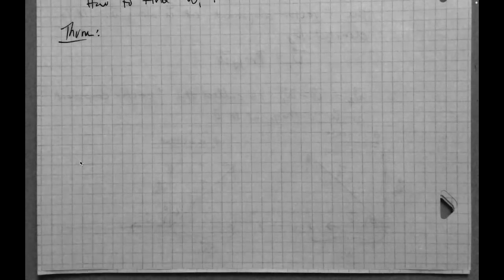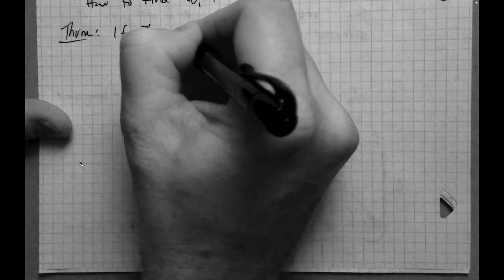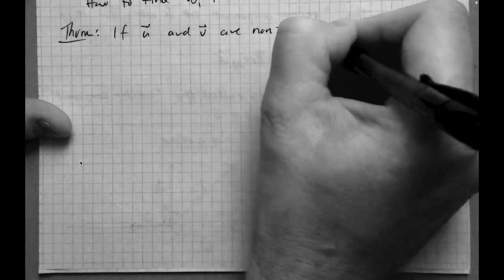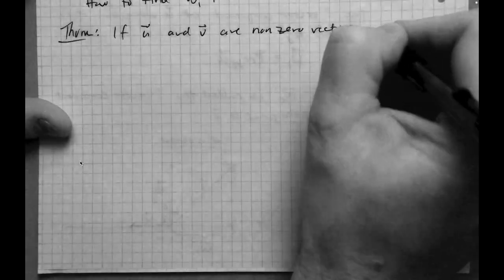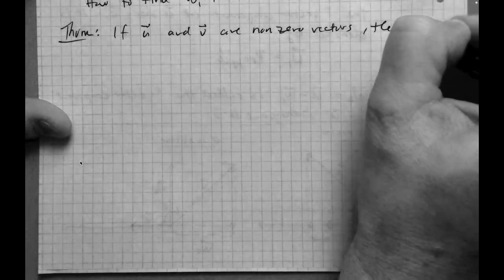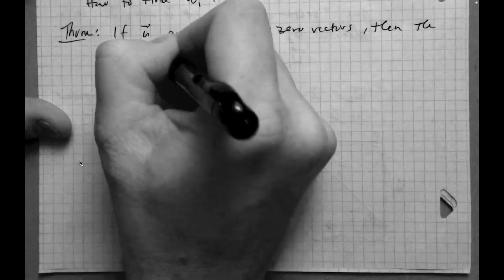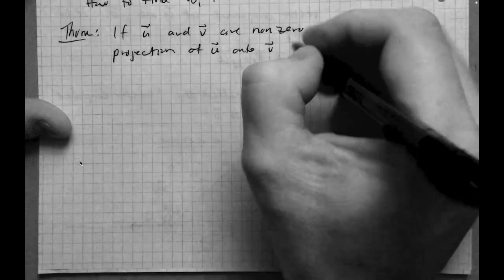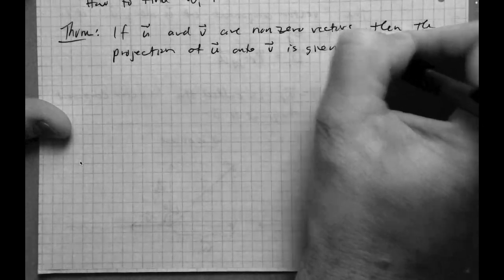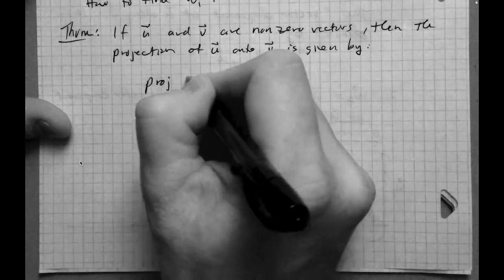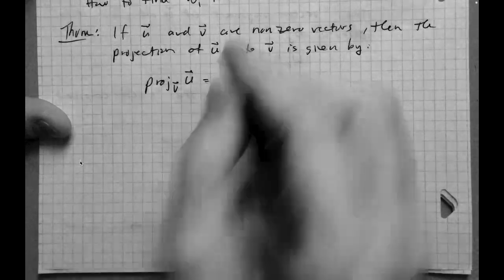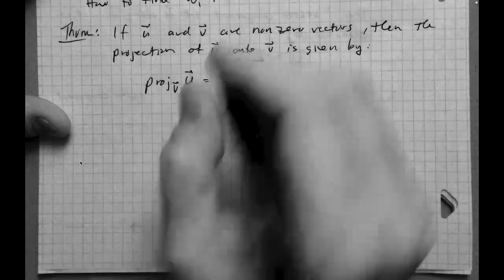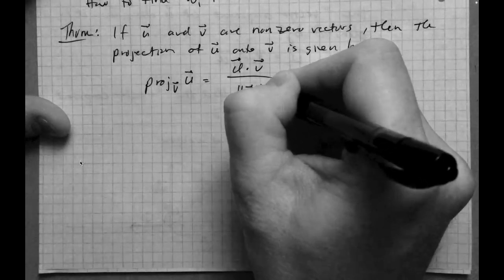It always works. So if U and V are non-zero vectors, then the projection of U onto V is given by, okay, right, so here's that notation, projection of U onto V. It's equal to, well, you take U dot V, you divide it by the norm of V squared, right?